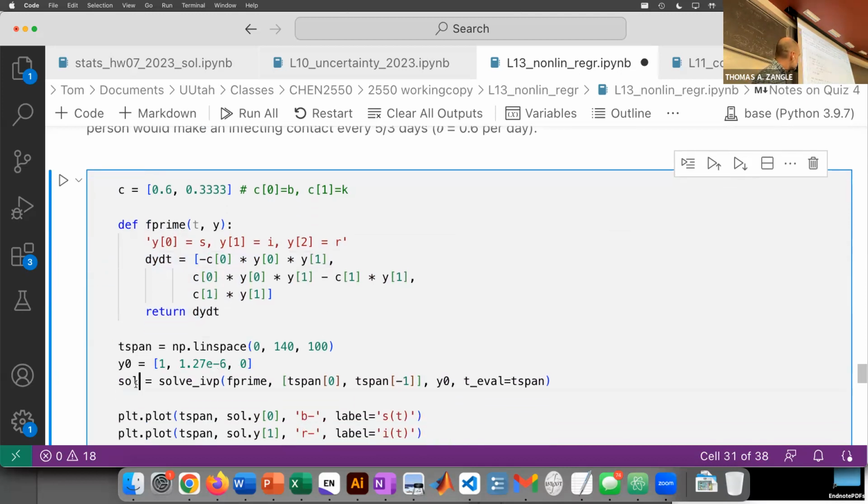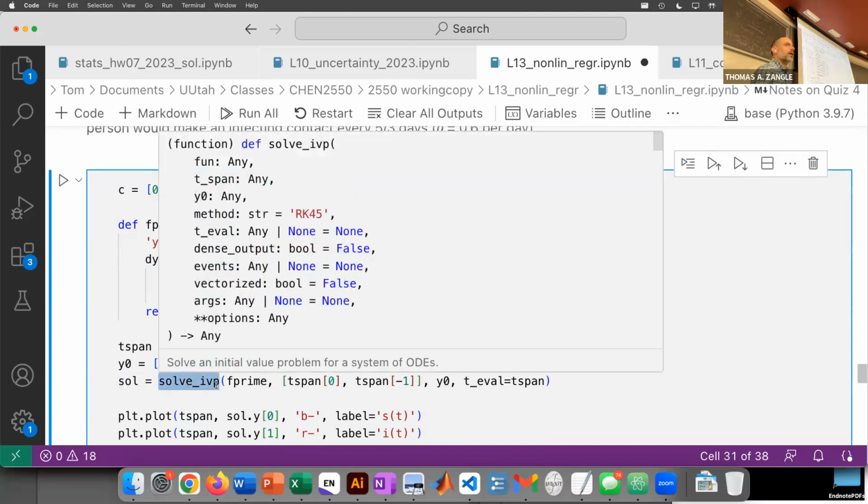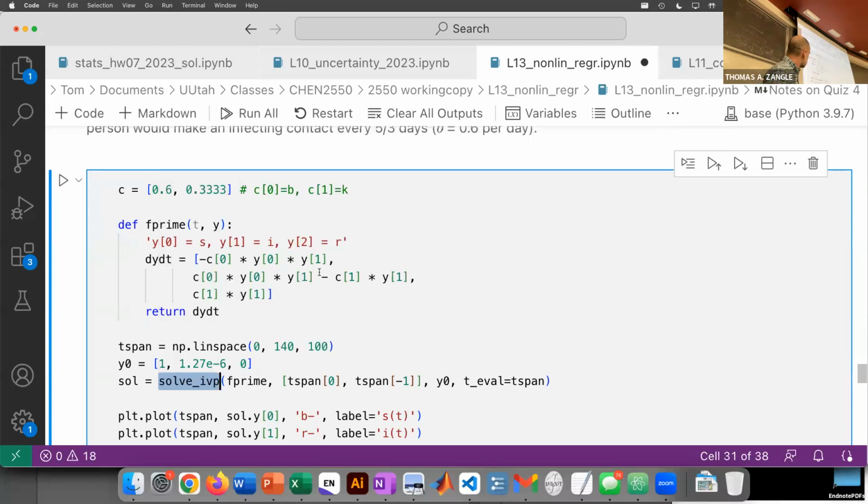And then we can find those variables as a function of time using this numerical solver, which numerically integrates our variables, in this case s, i and r, over some given time span.